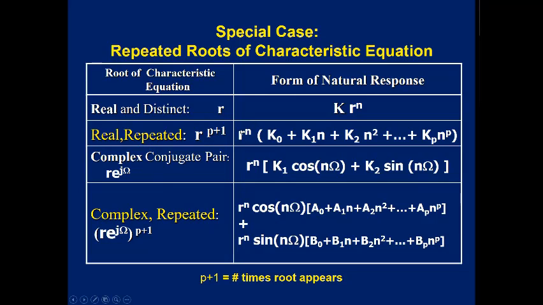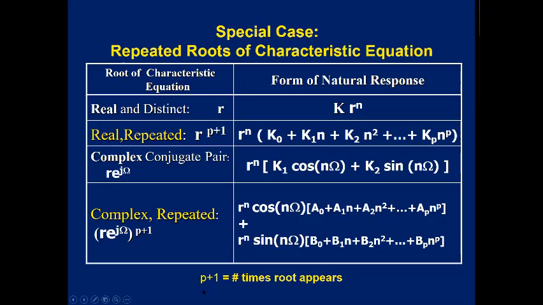We'll have a k0 times minus 1/2 to the n. But if there's 2 of them, I'm going to have another term that's k1 times n times the minus 1/2 to the n. And if it repeats 3 times, if we have 3 roots that are the same, I'll have the same thing with an n squared term. So k2 times n squared times minus 1/2 to the n, and so on.